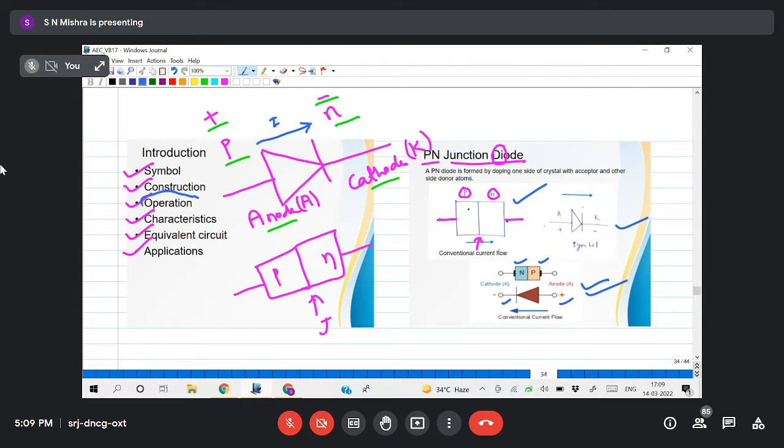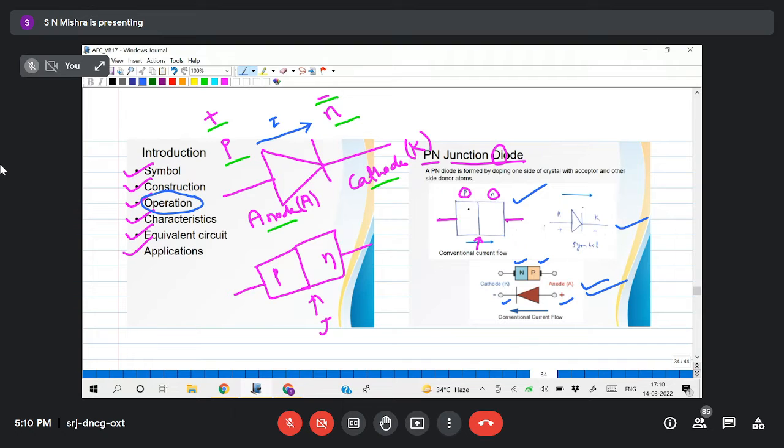So operation means what? Basically, if you take any electronic component, operation means how it operates. That means when we give voltage, what type of current flows, whether current is flowing or not, whether the current direction is one direction or two directions. So how we vary the voltage, and depending on the applied voltage, how the current will vary, that gives you the operation.